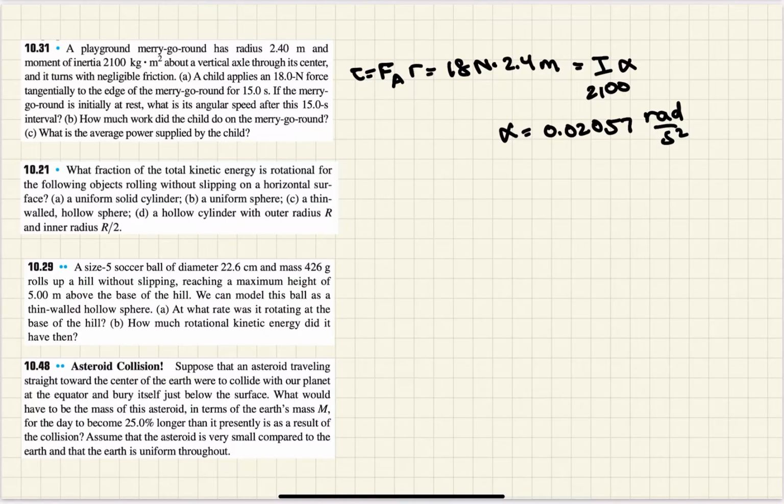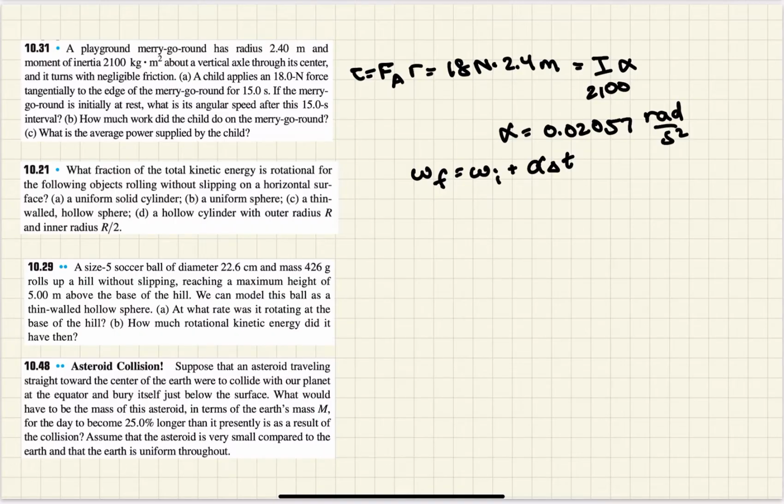Now we just do the kinematic equation. So that is basically omega final is equal to omega initial plus alpha delta t. Sorry, it starts at rest. It says that, right?